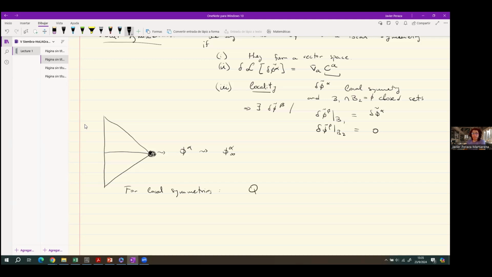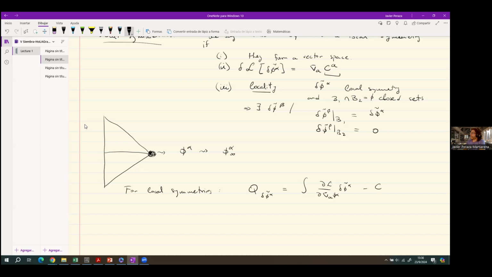You can define this quantity, which is the symplectic potential evaluated at this term. Of course, here I'm just considering a symplectic potential that depends on the derivative and the fields; you can do it more generally. I'm just doing it so we can talk about something specific.